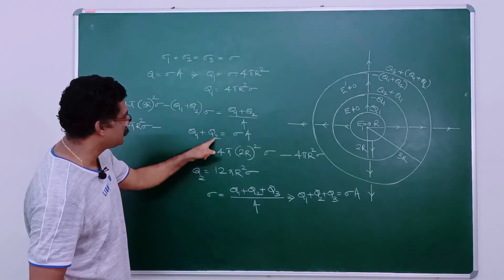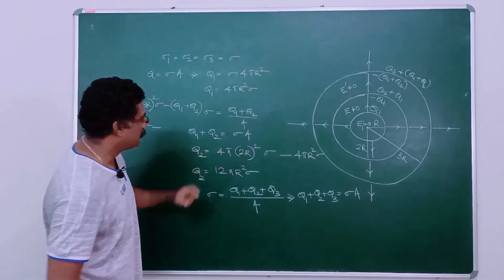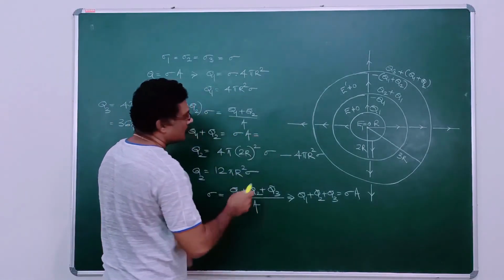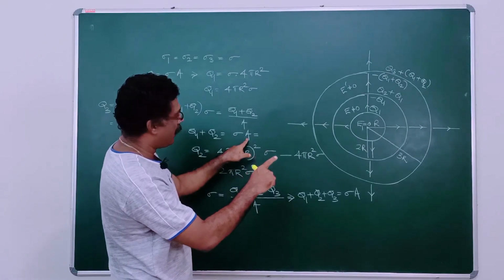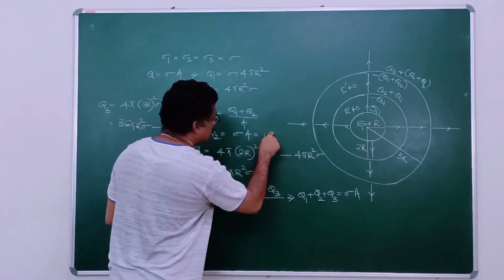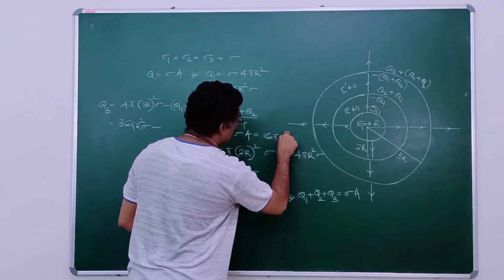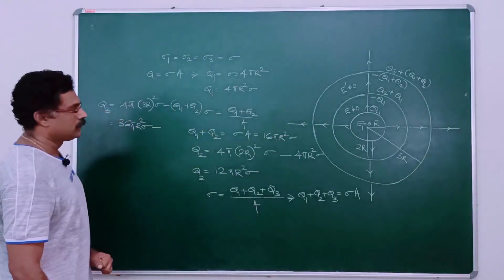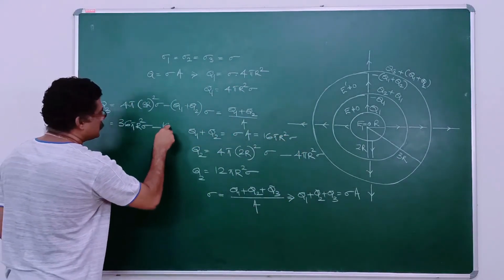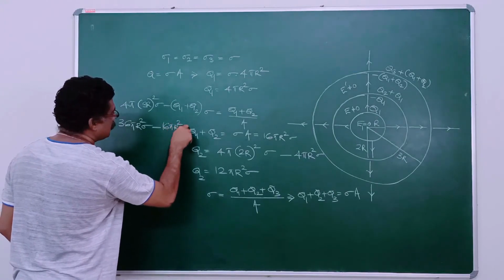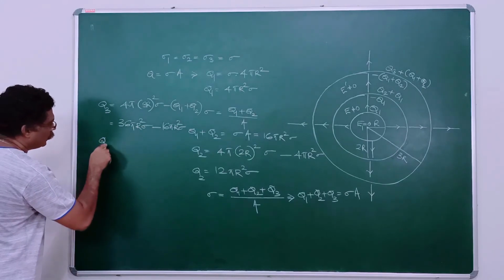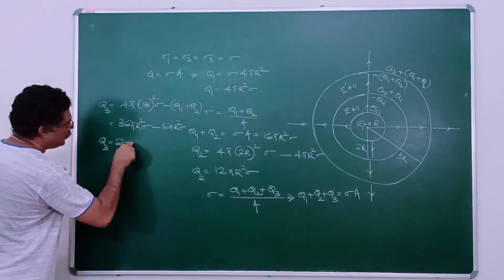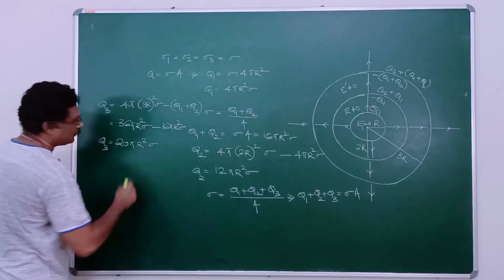Q1 plus Q2 is sigma A, that is sigma into 4 pi into 2R whole square, which is 16 pi R square sigma. So minus 16 pi R square sigma. So we get Q3 is equal to 20 pi R square sigma.